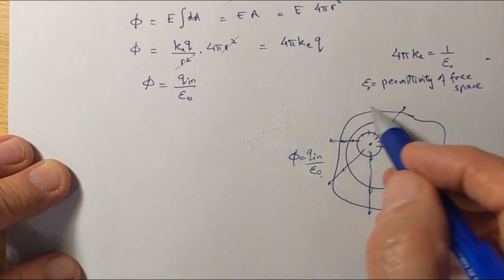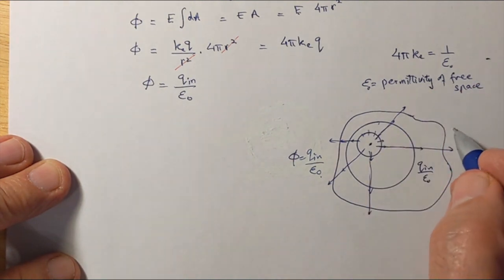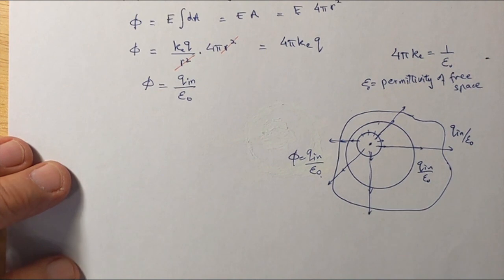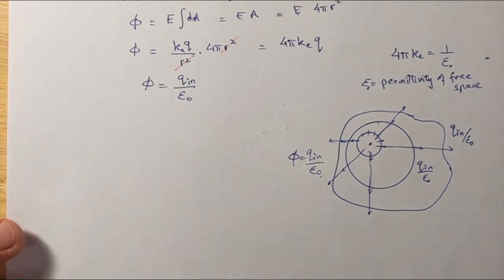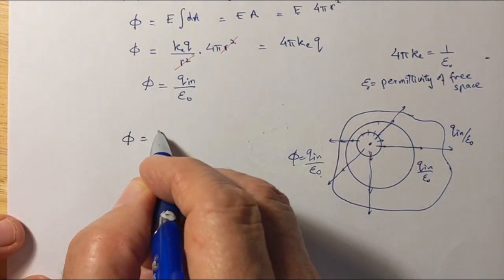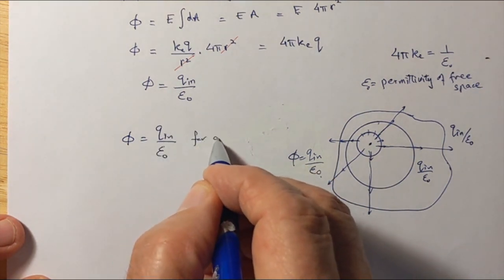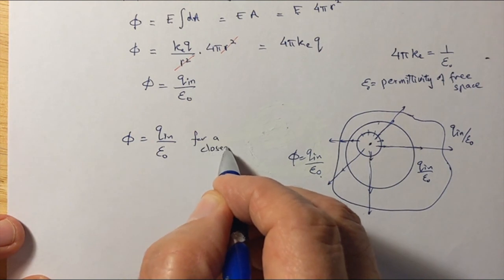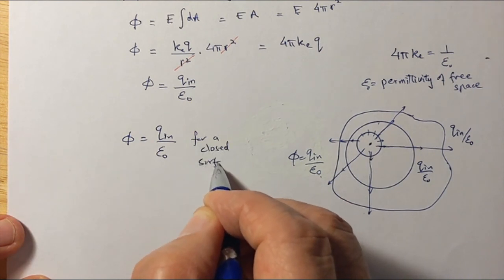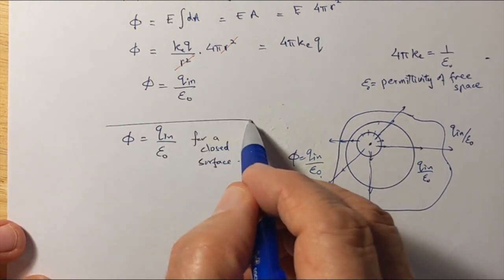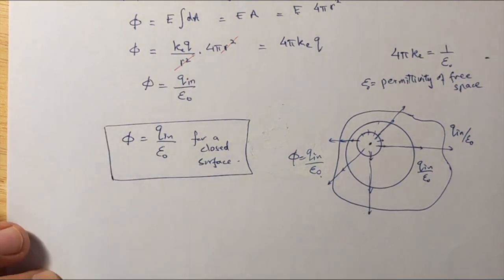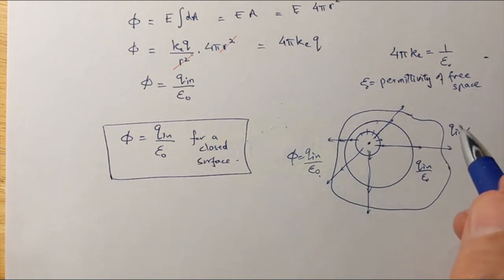The flux leaving the irregular surface is also Q in over epsilon naught. And so we have this relationship that the flux is Q inside over epsilon naught for a closed surface. And that is Gauss's law, that the charge inside a closed surface will create a flux given by this value.